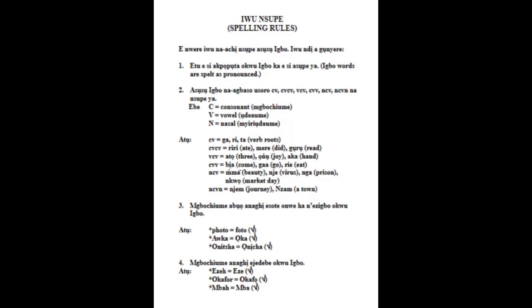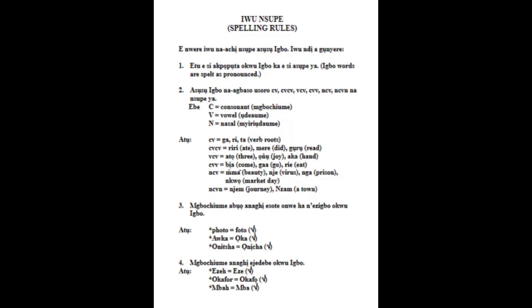What this means is that Igbo follows this pattern: CV, CVCV, VCV, CVV, NCV in its spelling. Like I said before, C means consonant, V vowel, and N nasal. We have two of them in Igbo: me na ne, M and N.